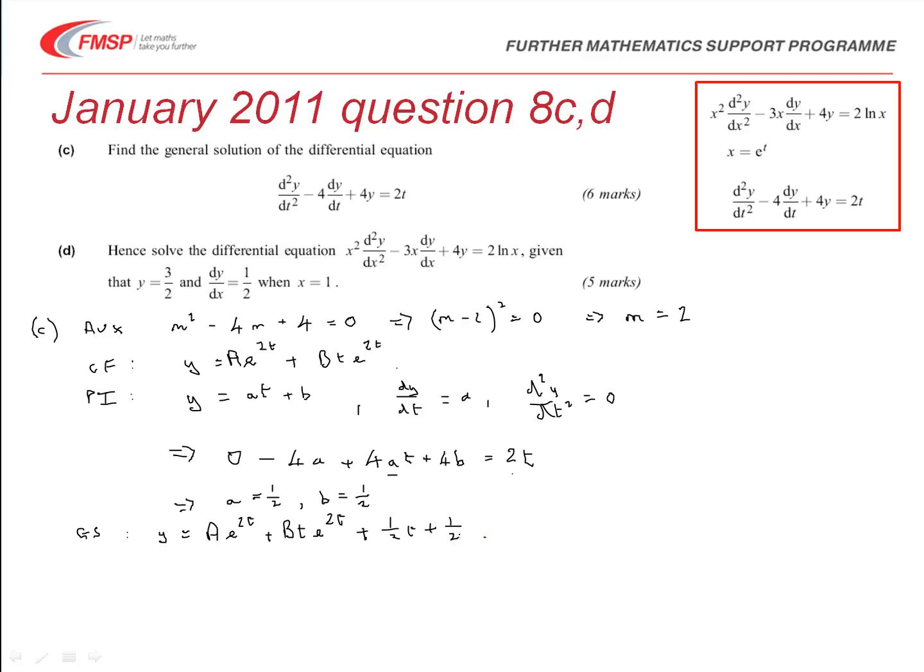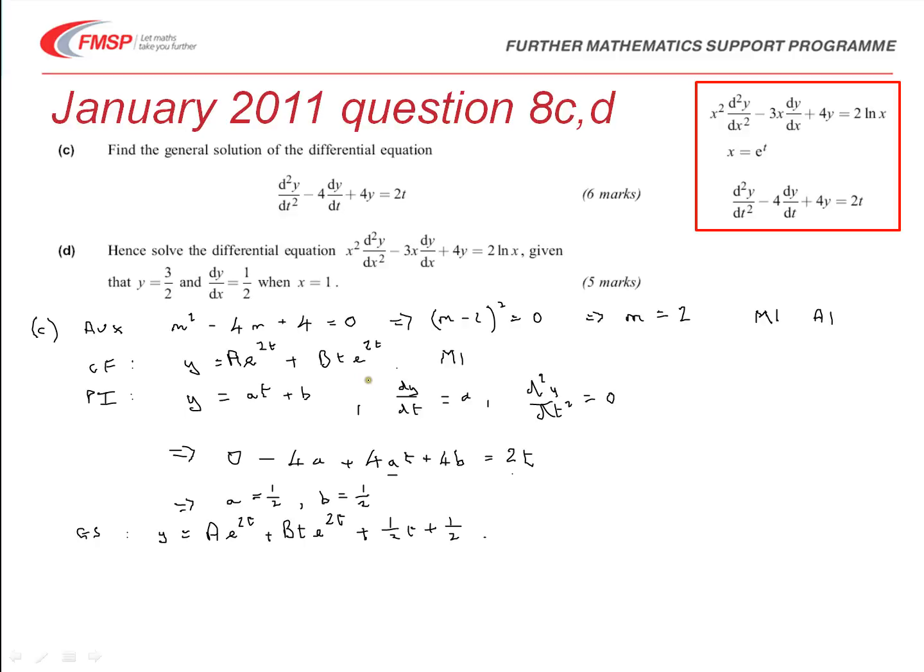So there's 6 marks for doing that part of the question. So again, you'll get a method mark for working on the auxiliary equation and an accuracy mark for obtaining m as 2, and then for stating then the correct complementary function, you will get 1 mark.